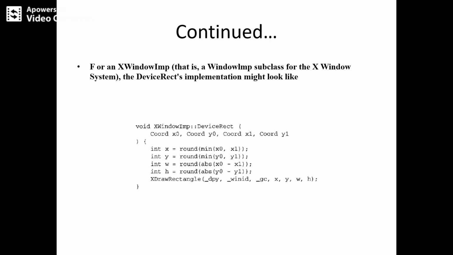We compute integer values x, y, w, h by taking the minimum of x0 and x1 and of y0 and y1, and the absolute values of the differences, and then draw the rectangle with all the corners. This is how we can implement window IMP subclasses.